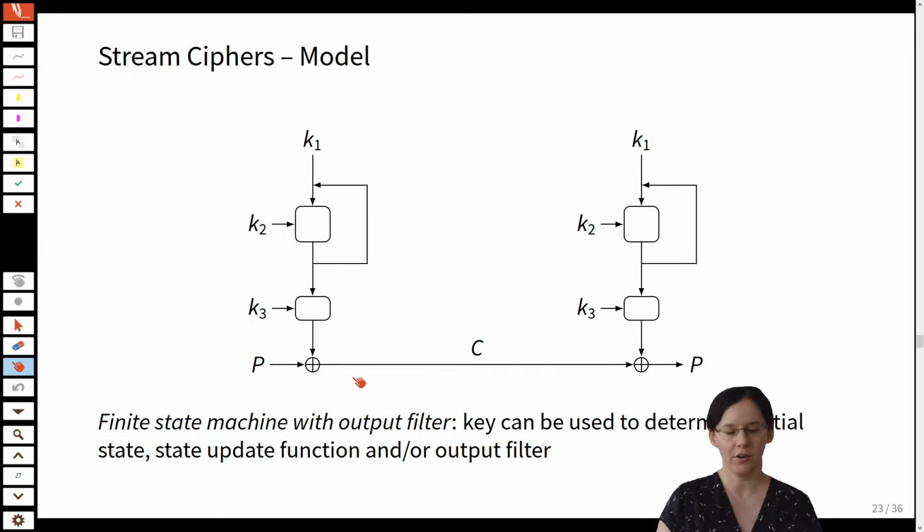So the general model is the following. You replace your one big key by such a scheme which you initialize with your initial seed. Then you have some function which updates the state, where the state initially contains the key. And it can actually also be that the update function also depends on the key in some cases. Usually this is not the case, but it can be.